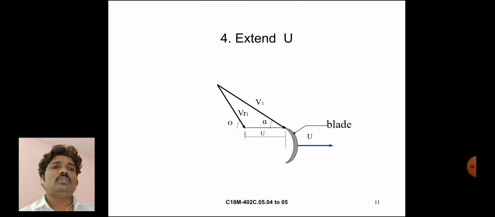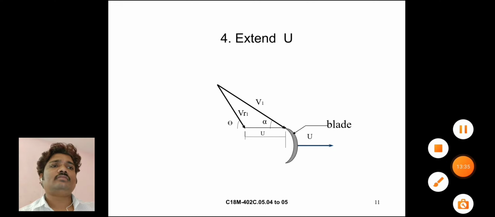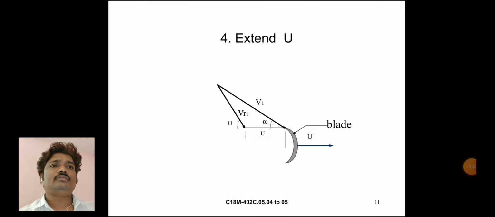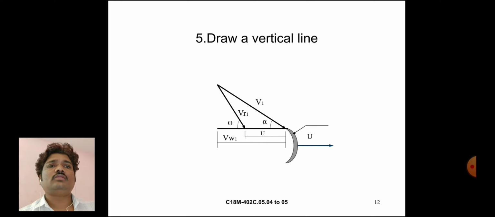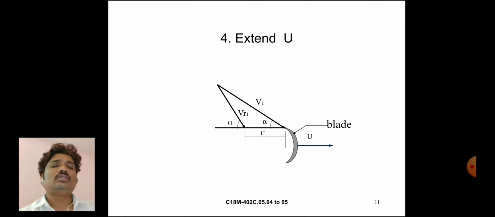These are blade velocity. u may be extended. Extend blade velocity u, as shown in this figure, alpha, V1, VR1, phi. Phi angle as shown in this figure.